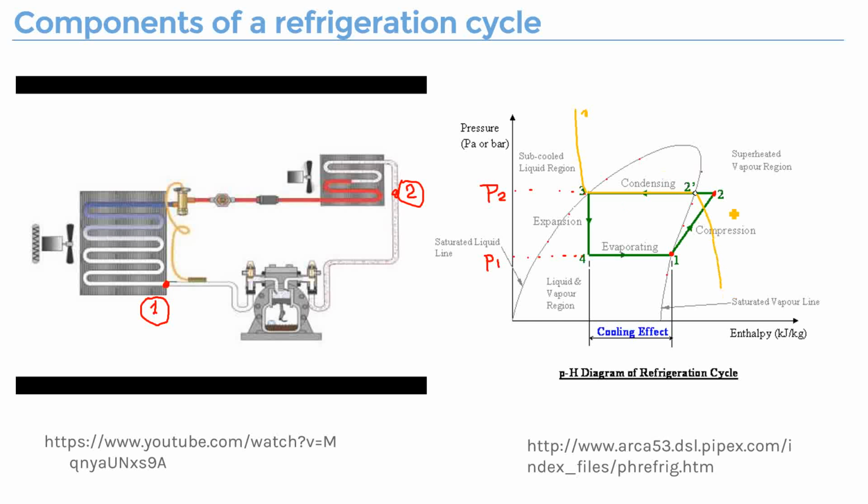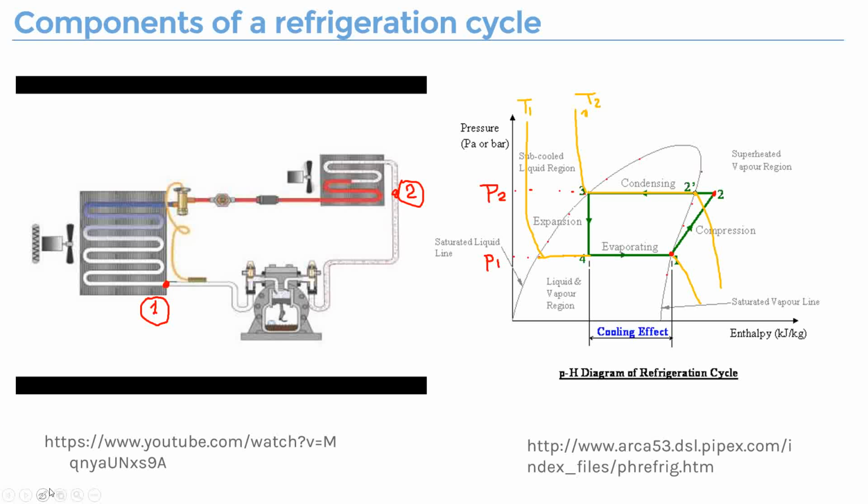So the orange line represents a constant temperature. That would be temperature T2, and for point 1 would be T1. So here you could see T2 on this saturated line would be equal to T3, and T1 would be equal to T4.